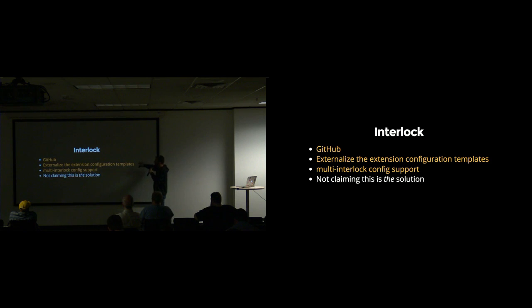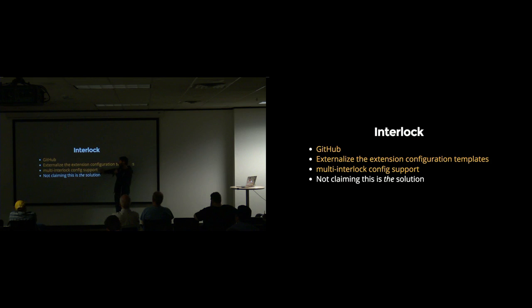The extension configuration templates, and when I say extension, I mean the load balancers, Nginx or HAProxy, were actually compiled into the Interlock binary. What? That was exactly my reaction too. So I said, okay, maybe we should take those out. I've got a pull request out there right now for extracting those from the binary, turning them into text files, and making them example documentation.